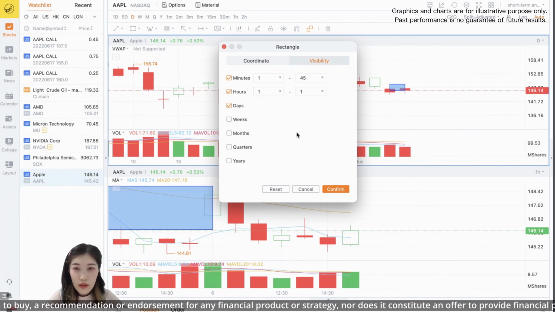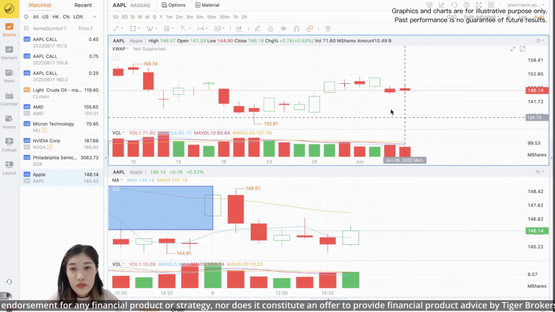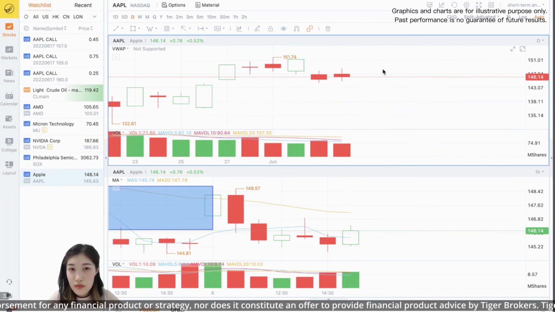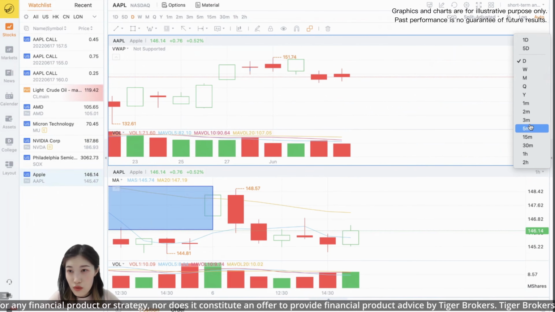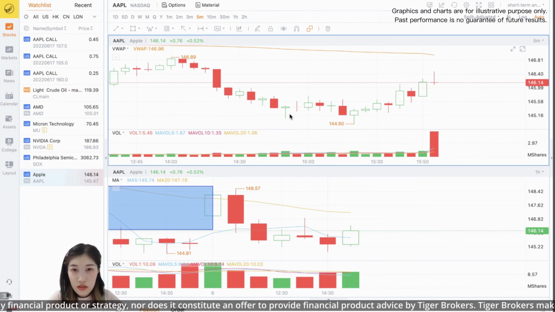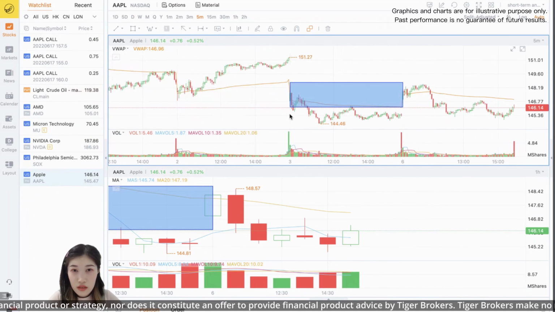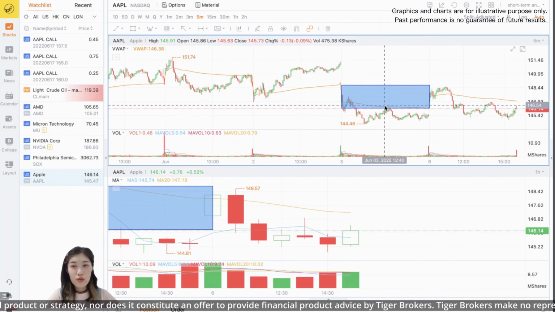And suppose I don't want the rectangle to be showing on anything that's longer than daily, I could unclick those ones and click confirm. Now, as we can see, the rectangle has disappeared. And if I go back to 5 minutes, just where we need it to be.